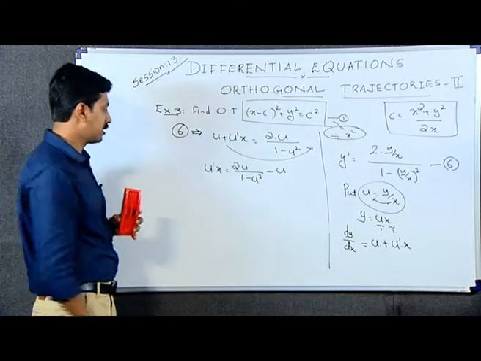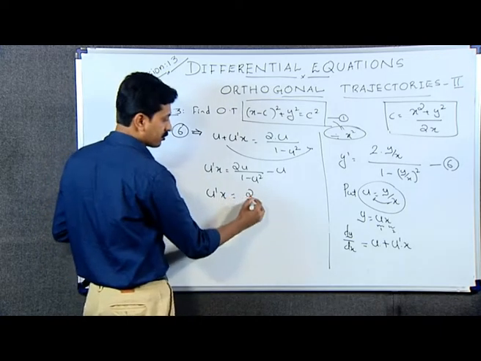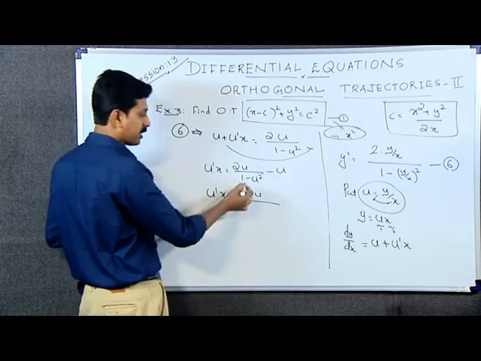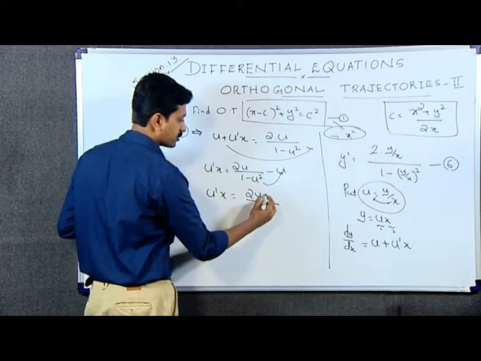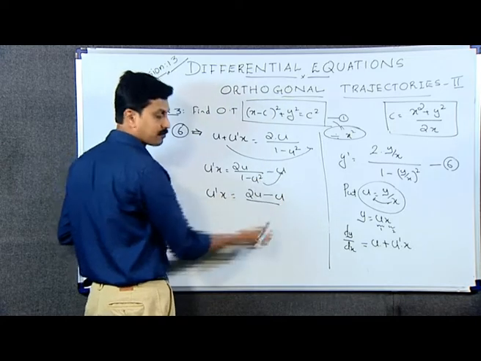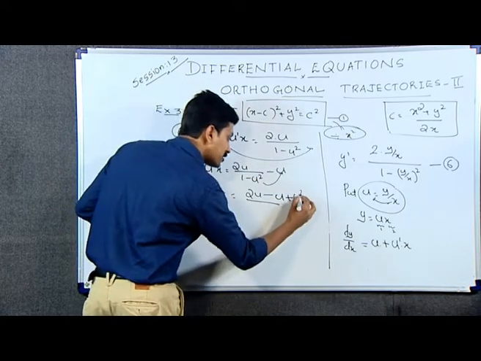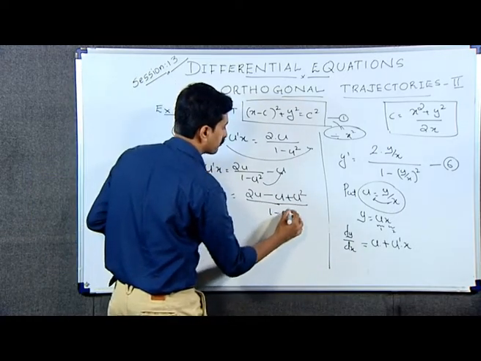Therefore u dash x is equal to 2u divided by, I am taking 1 minus u square to be here, multiply 1 into minus u, that is minus u, minus u square into minus u, therefore this is plus u cube, divided by 1 minus u square.